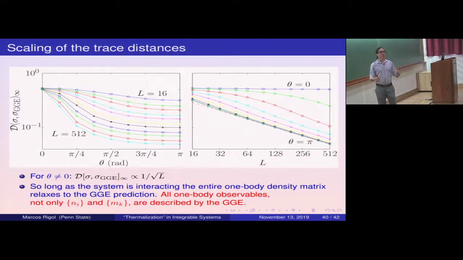This is important because the experiments I showed you look at momentum distribution functions, right? And as I was asked before, the momentum distribution function is the Fourier transform of the one body density matrix. So essentially the momentum distribution function is few body, actually one body, right? But it's non-local.